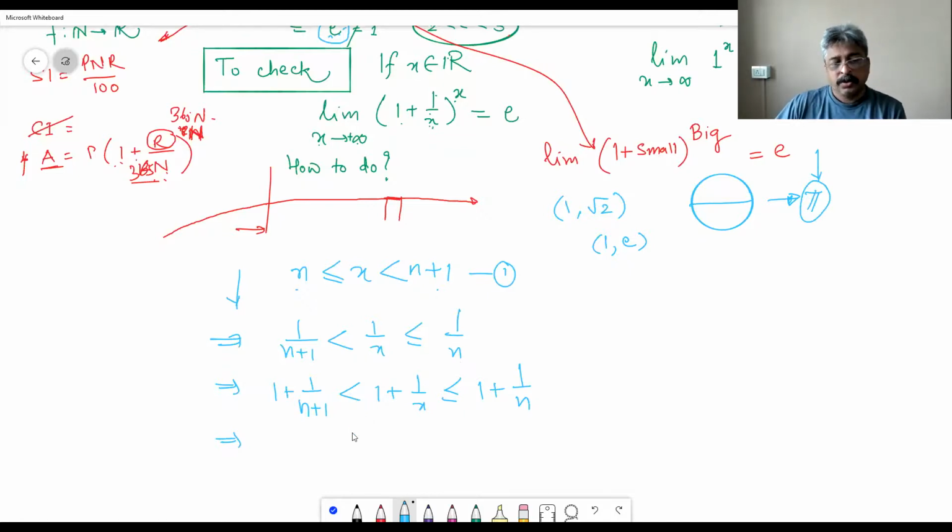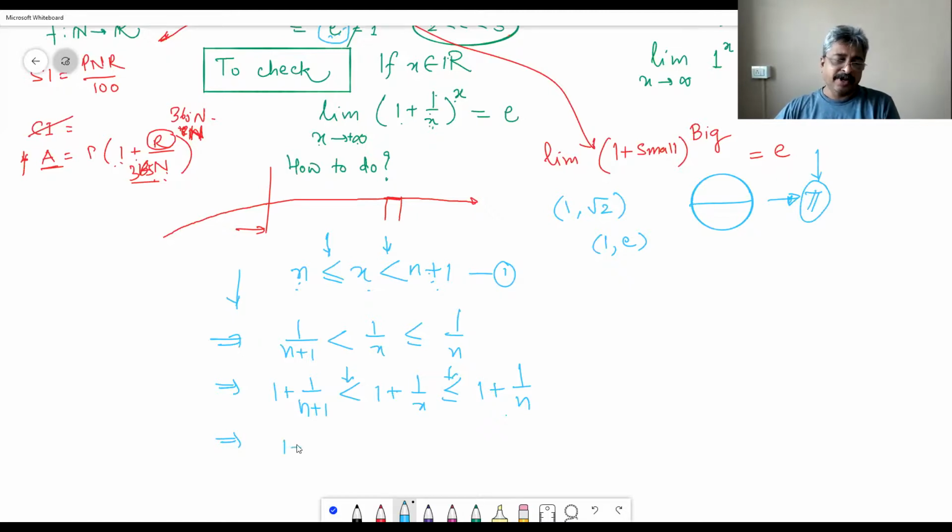Now, I can raise this to power n, I can raise this to power n plus 1, and I can raise this to power x, because these symbols are uniform. I cannot do power of this as n plus 1, power of this as n, and power of this as x. It is not going to be a correct inequality.